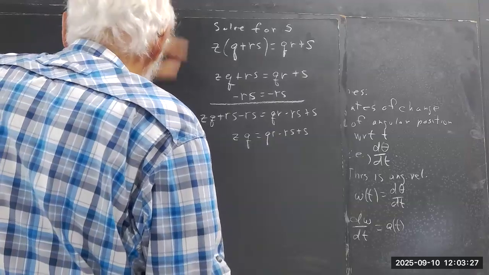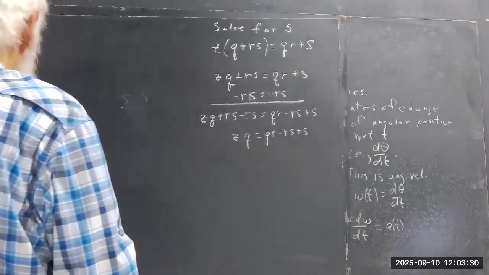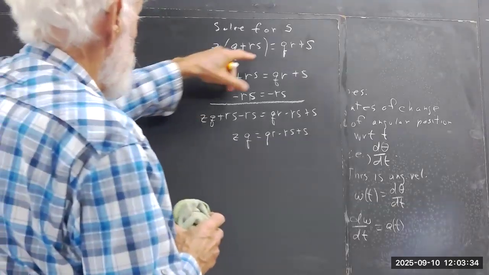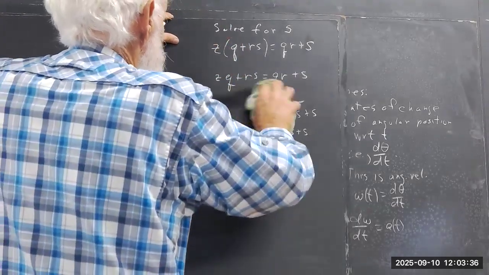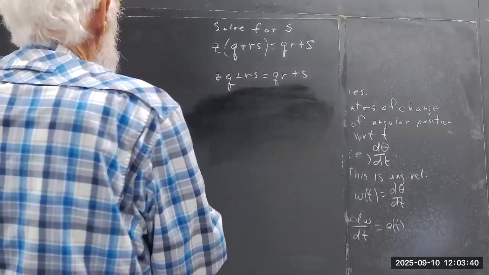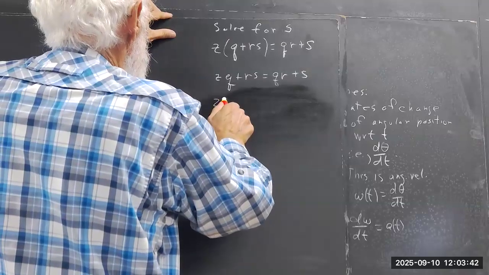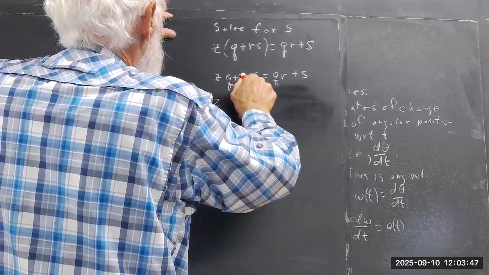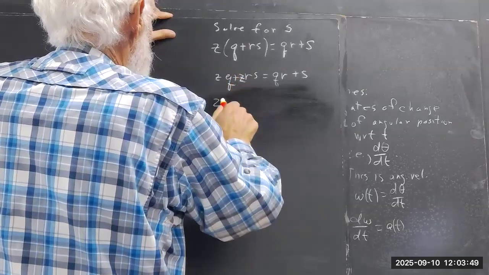Uh-oh. Now let me write out what you really get, because I didn't multiply the RS by Z. So it should be ZQ plus ZRS.